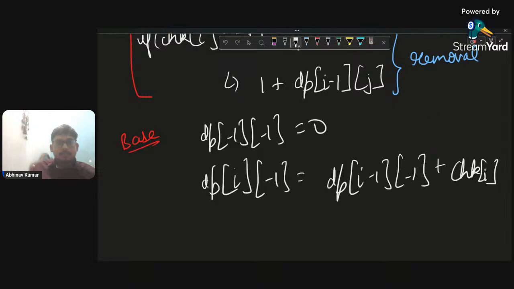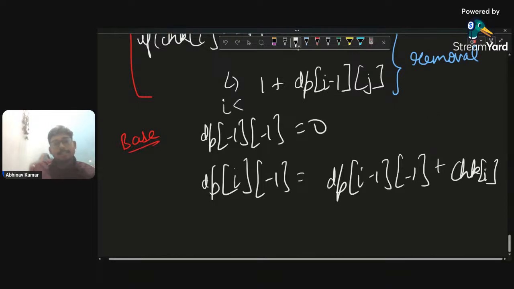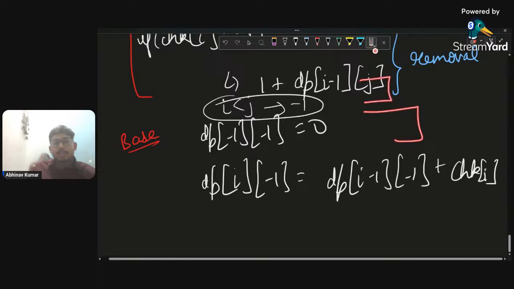With these base cases I have written, one more thing: if i is less than j, then I can make it -1. If j is more and i is less, then we can never have a subsequence of length more than the length of the string.